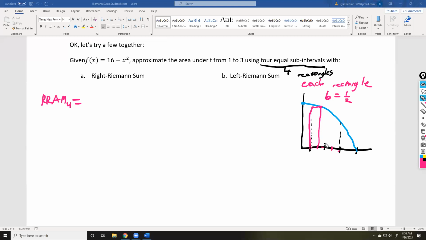And that's going to be my first rectangle. Then between 1.5 and 2, if I'm choosing between the two, I'm going to use the rightmost endpoint. So I'm going to choose 2 as my height.